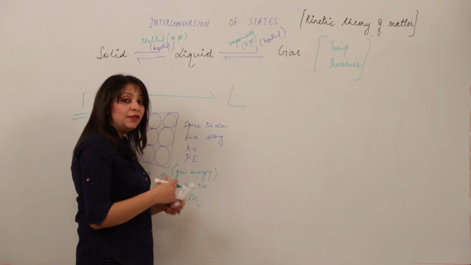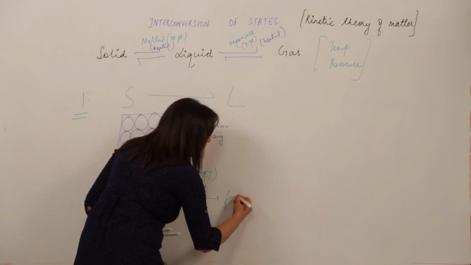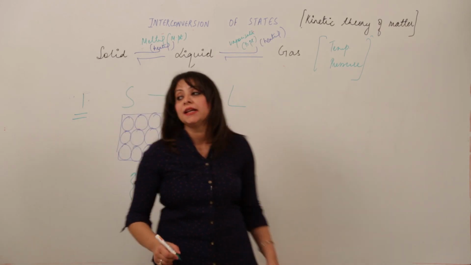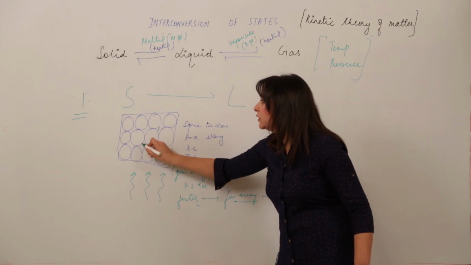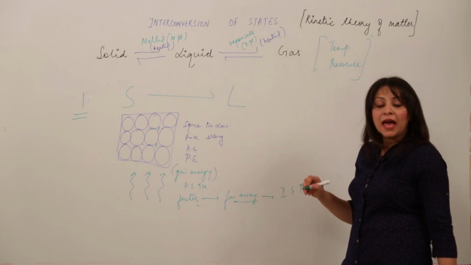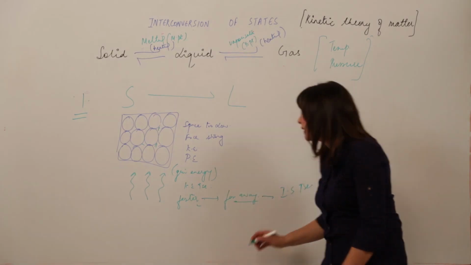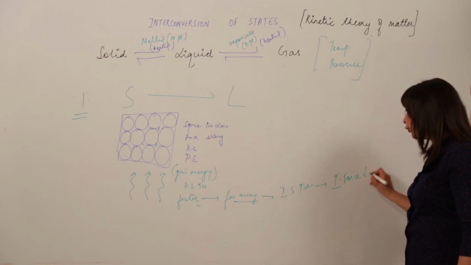And when they move faster, they will move far away from each other. And when they move far away, the space will increase, and it will lead to a decrease in the intermolecular forces.